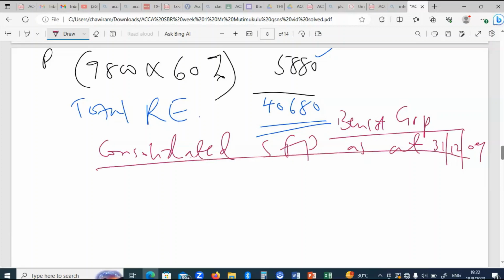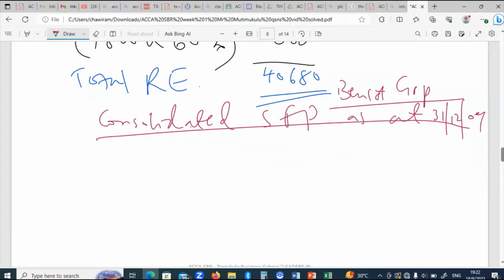Consolidated statement of financial position as at 31 December 2009. And as usual, we start with the assets. We've got the non-current assets, and we can put all the figures in thousands.